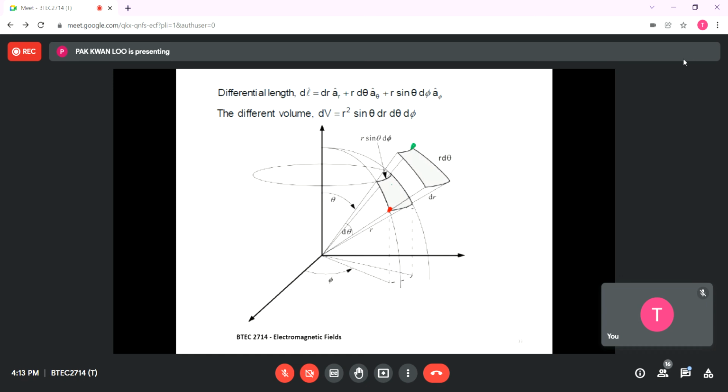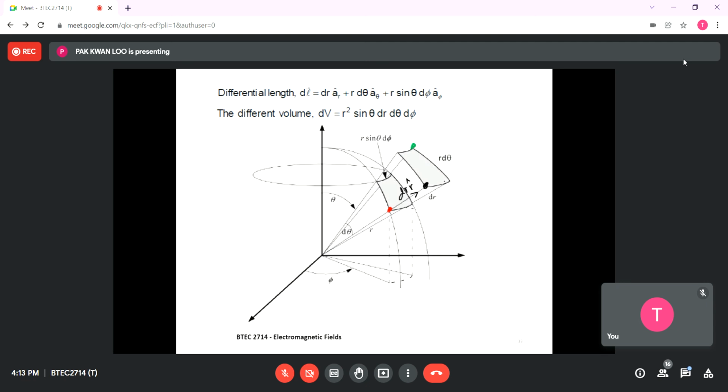A small differential displacement. First, moving from the red dot to the black dot, it is dr. So the differential displacement is dr in the r direction, r cap.